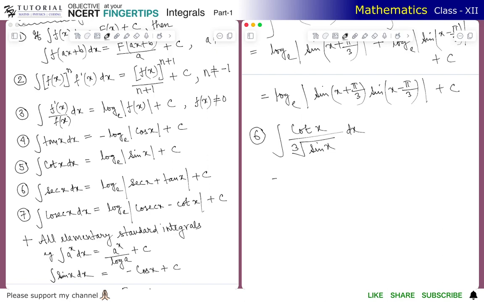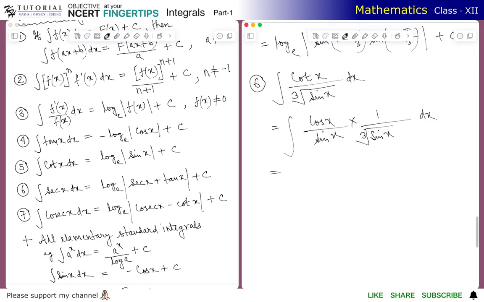Yeah, I think this is pretty easy. Now we can easily substitute sin x equals t, and the differential cos x is already there in the numerator, and the denominator becomes sin x to the power 1 plus 1 by 3, that is 4 by 3, dx.